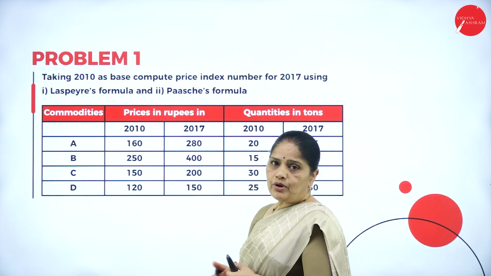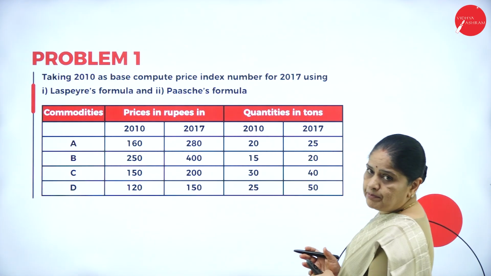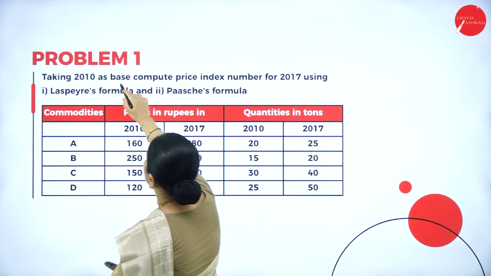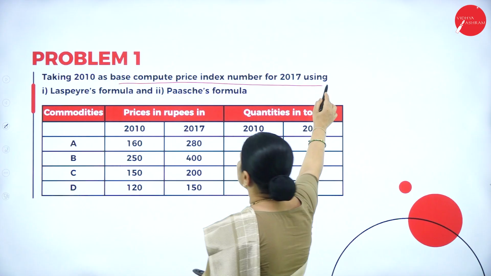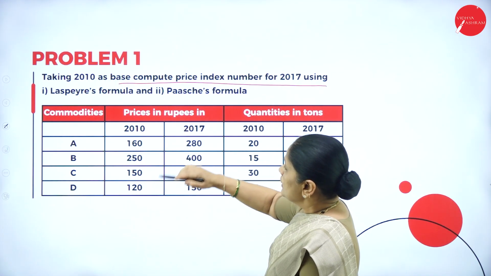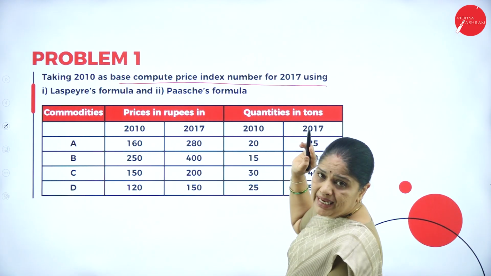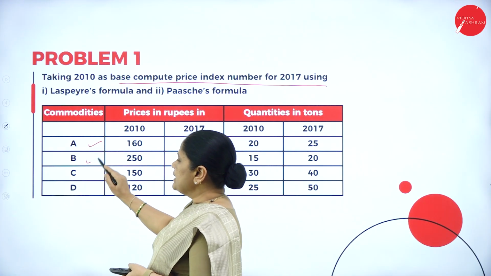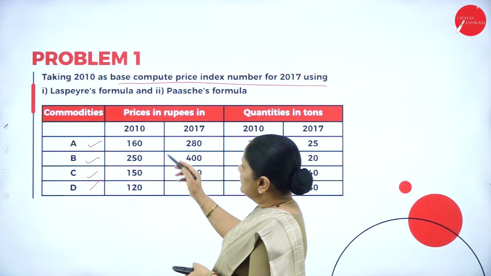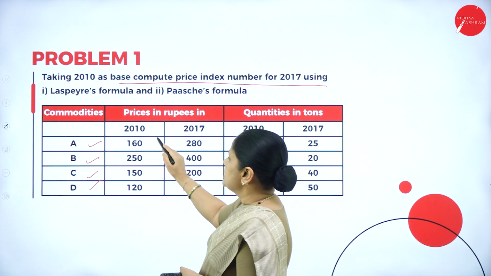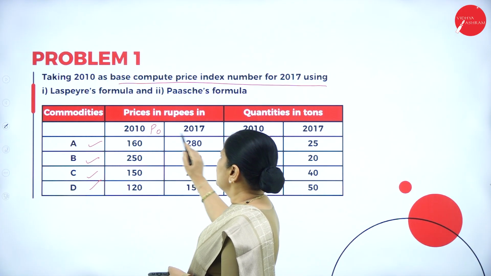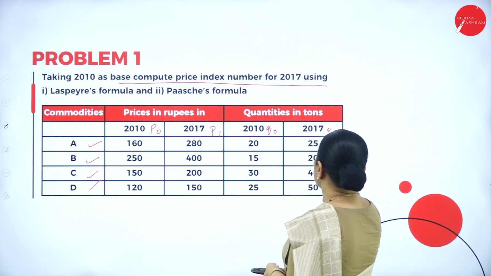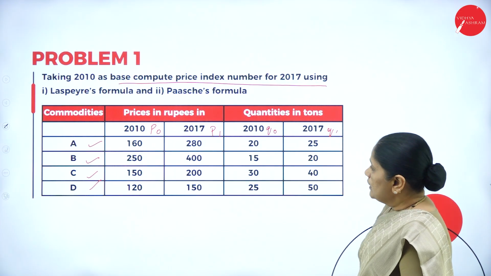Now let us do one problem on Laspeyres' formula and Paasche's formula. Here let us go through the problem. Taking 2010 as the base, compute the price index number for 2017 using Laspeyres' formula and Paasche's formula. We have the commodities A, B, C and D, and then the prices in the base year, that is P0, and P1, and the quantities Q0 and Q1.